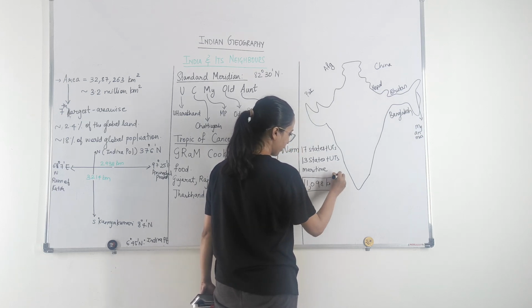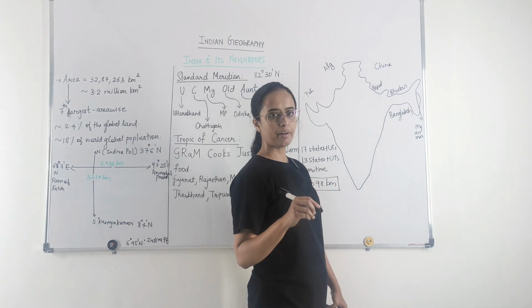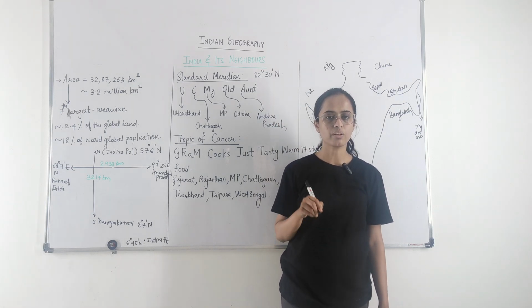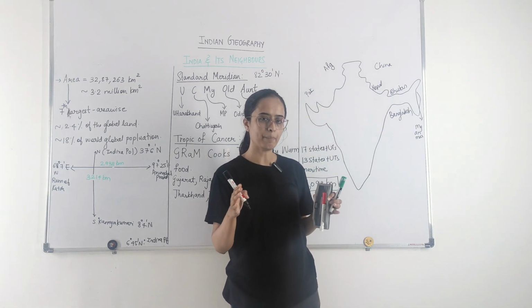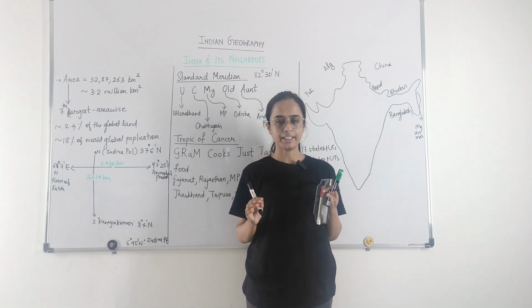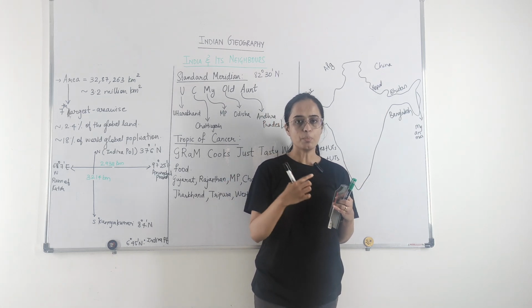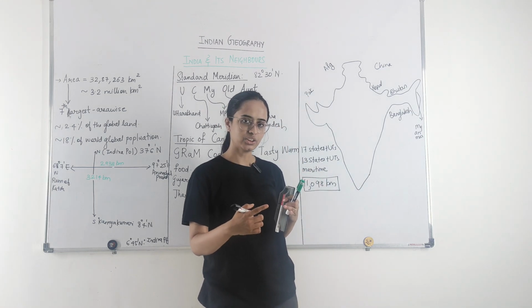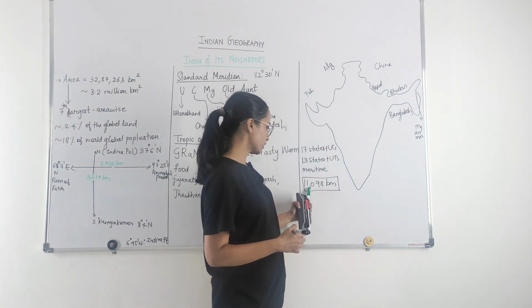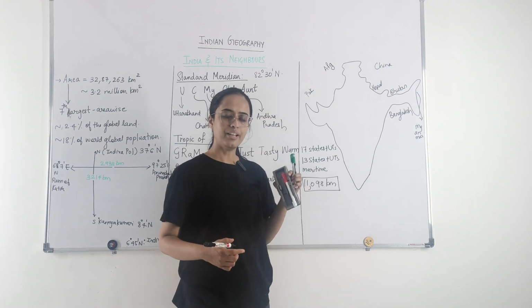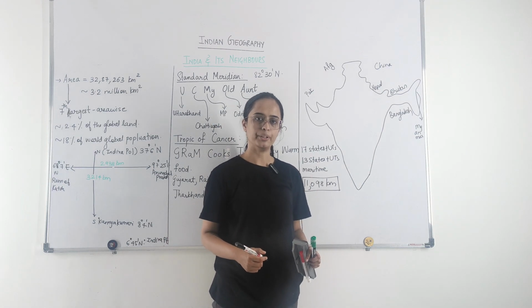Now this is a new number that has been published in the month of February 2025. Earlier India had a comparatively smaller coastline. It's not that the coastline has increased, but the methodology to measure the coastline has been changed, and hence now the coastline has been increased to 11,098 kilometers.